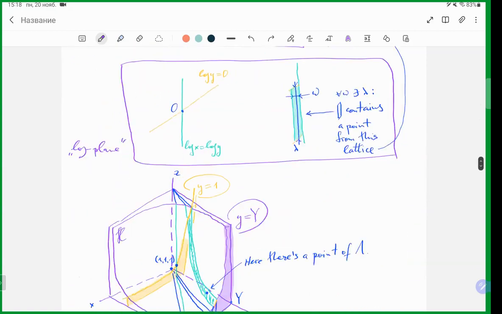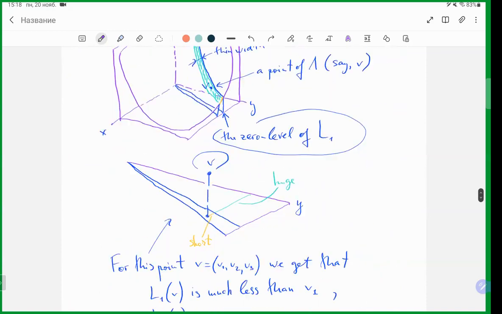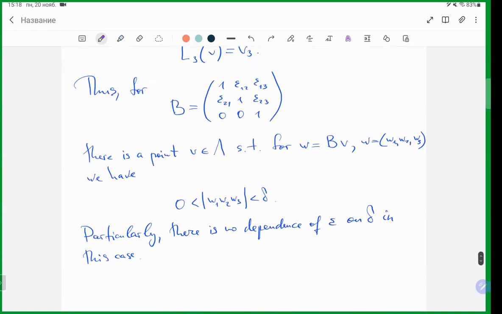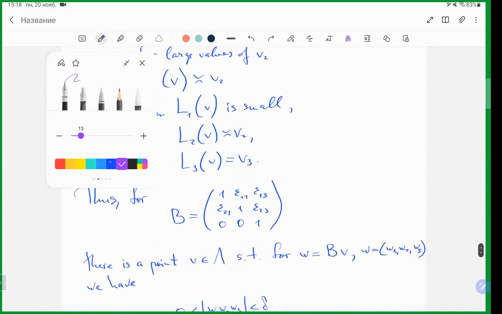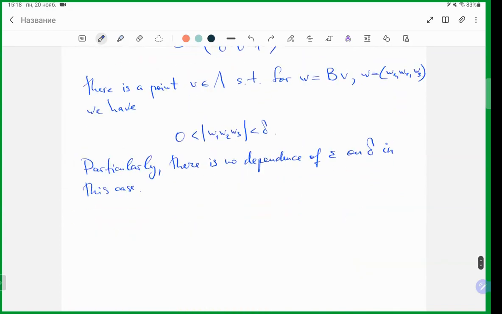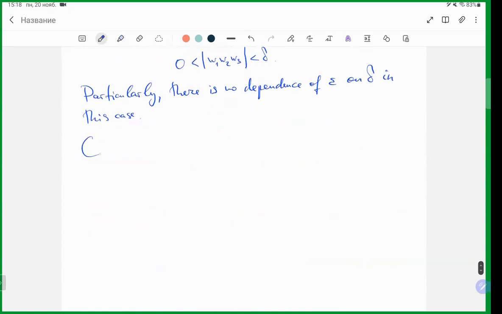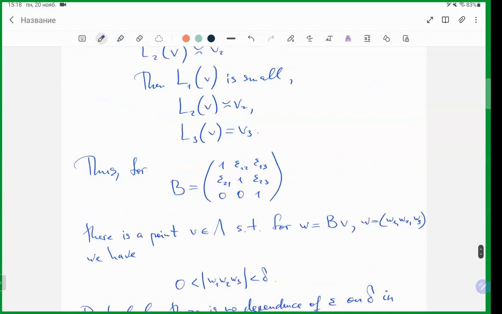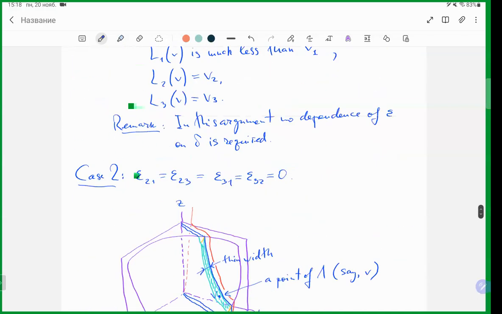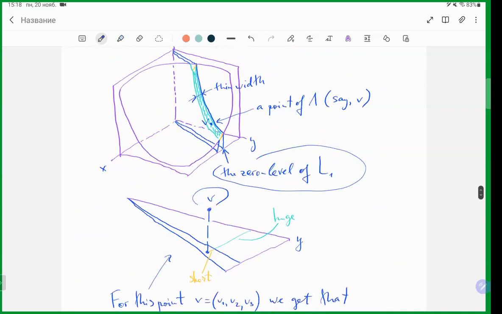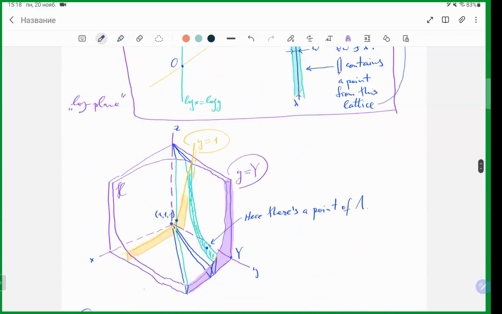Well, let us discuss this fourth case, case 4. Case 4, well, let us copy what B looks like. Here it is.